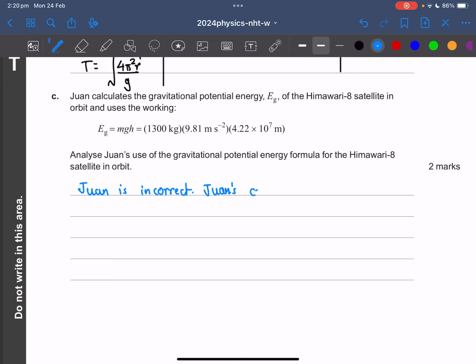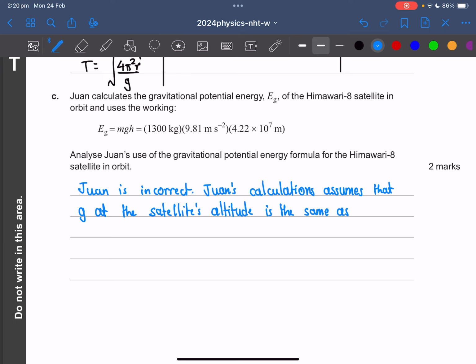Juan's calculations assume that g at the satellite altitude is the same as it is on the surface of the Earth.